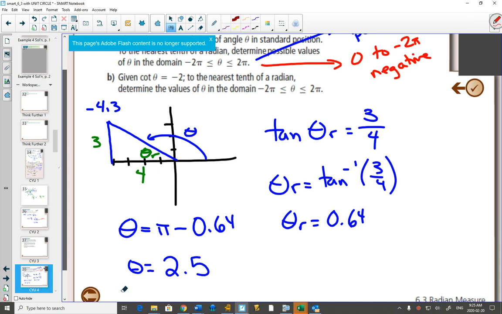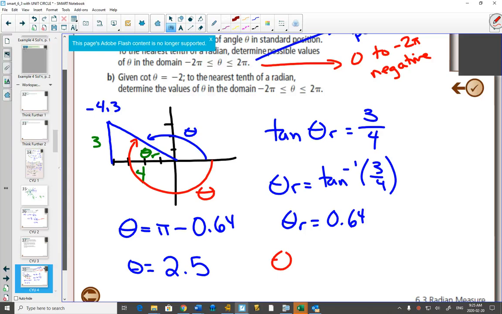Now my negative angle from 0 to -2π would be that one. And so what would theta be in that situation? Well, how would you do this if you were thinking in degrees? I do 180 plus my reference angle, and then whatever answer I get, I'd make it negative.